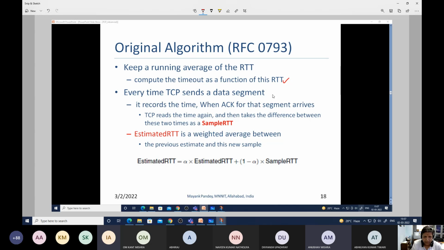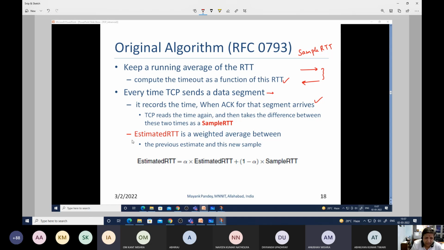Every time TCP sends a data segment, it records the time. When the acknowledgement for that segment arrives, TCP reads the time again. तो जब भेजेगा तब टाइम पड़ेगा, जब acknowledgement आएगा तब टाइम पड़ेगा. And take the difference of this time, and this is known as sample RTT. This is RTT sample.